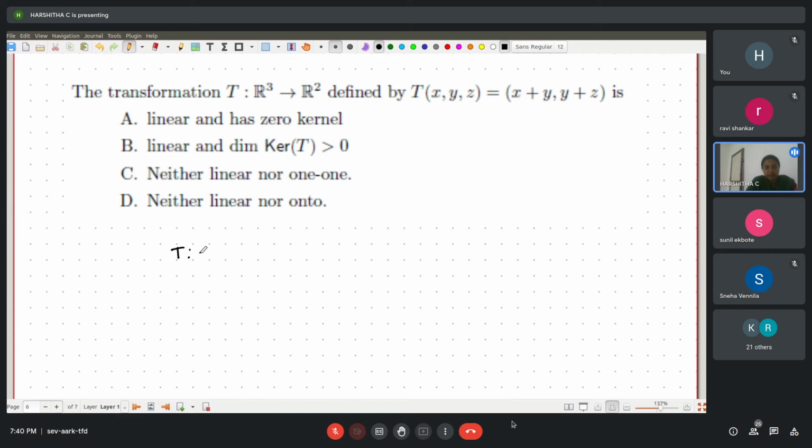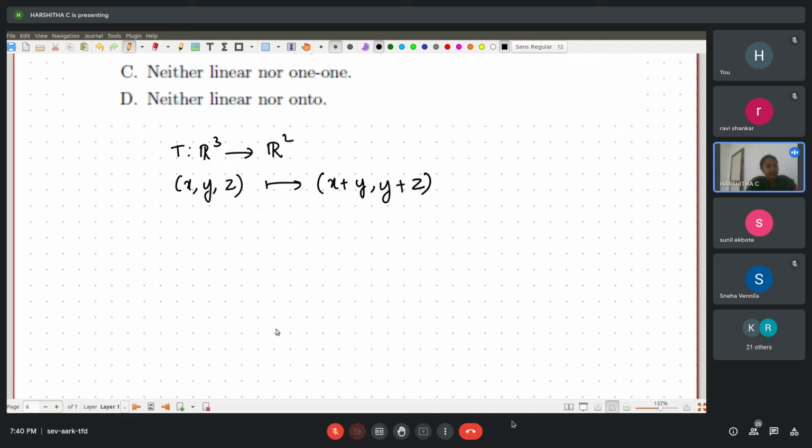You have T from R3 to R2, (x, y, z) goes to (x plus y, y plus z). Is it linear?